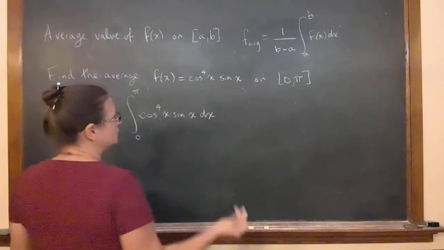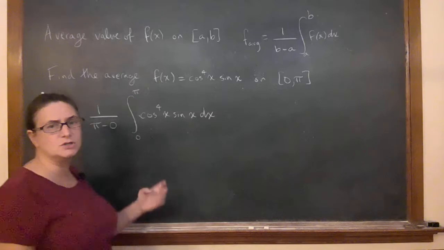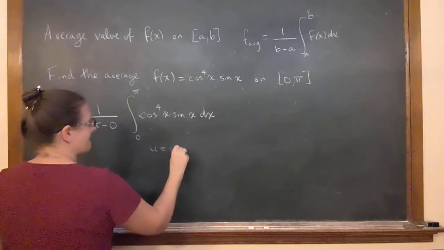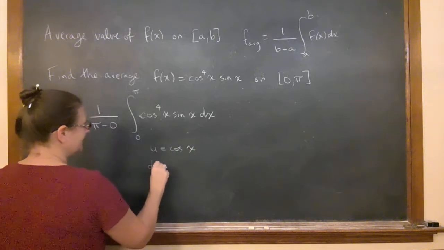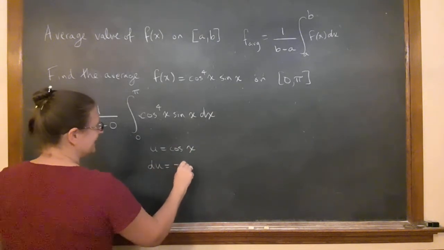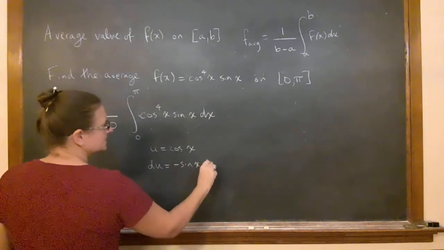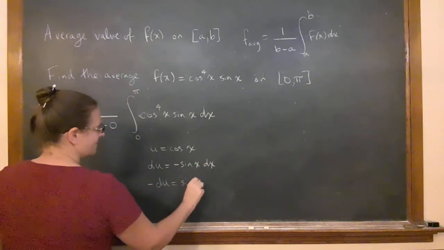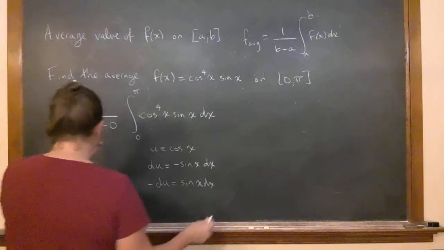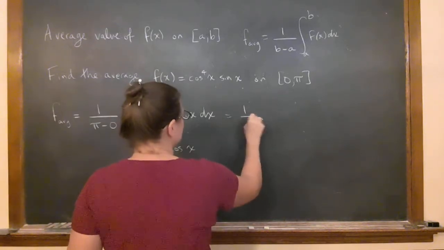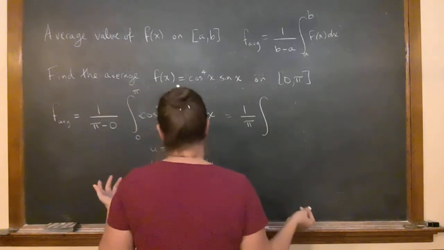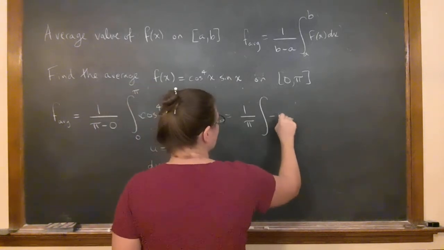This is a pretty straightforward u substitution. We just do u equals cosine of x. The derivative of cosine is negative sine, so I do end up getting a minus from my u substitution. I can change the limits, or I can just go back.